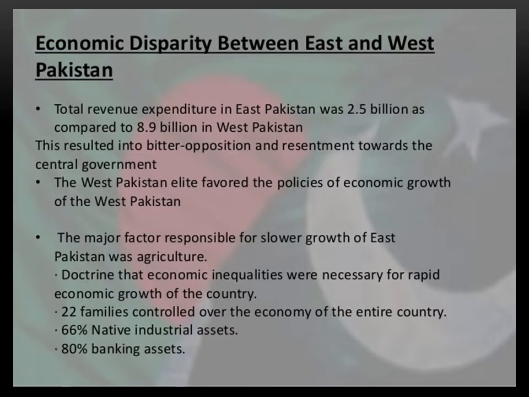Since 1947, trade with West Bengal had been cut off and poverty was common there. When the government took steps to help boost the economy, the measures seemed to favor West Pakistan. More than twice as much foreign aid and capital investment went to West Pakistan as East Pakistan.